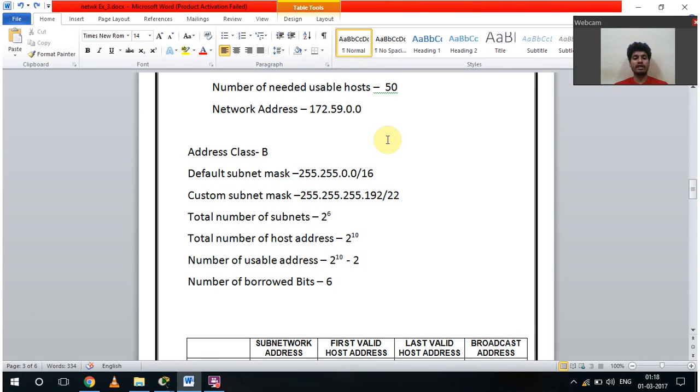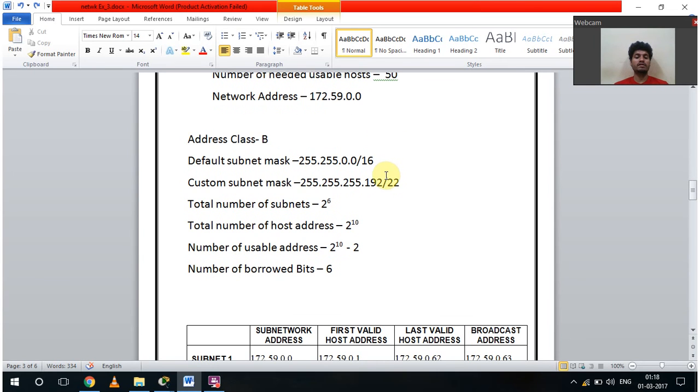For 50 usable host addresses, we require 6 bits. So the custom subnet mask will be 16 plus 6, that is 22, and the remaining is 32 minus 22, that is 10.